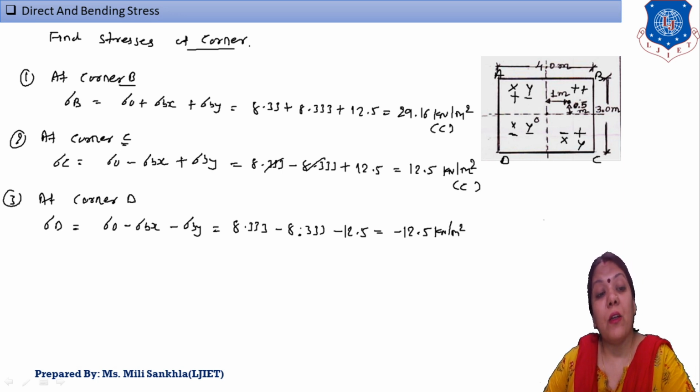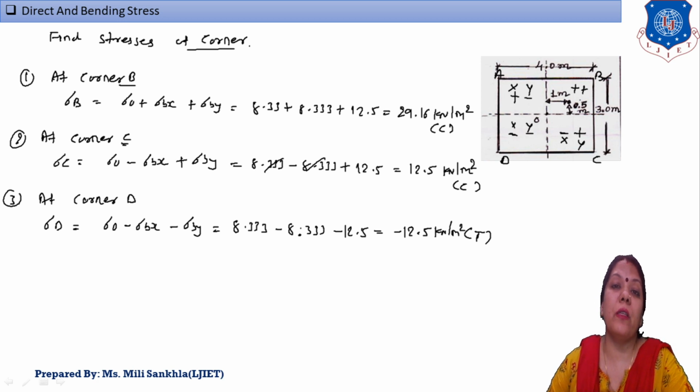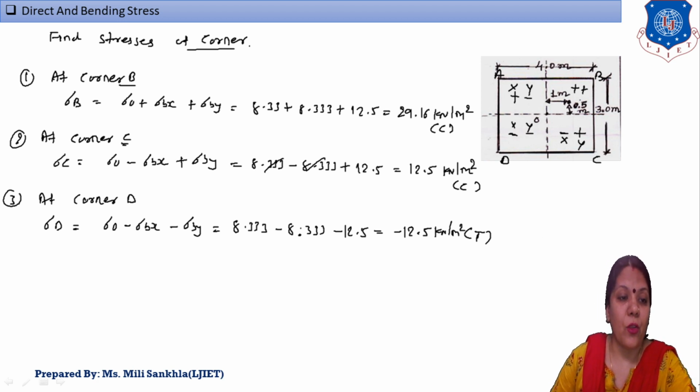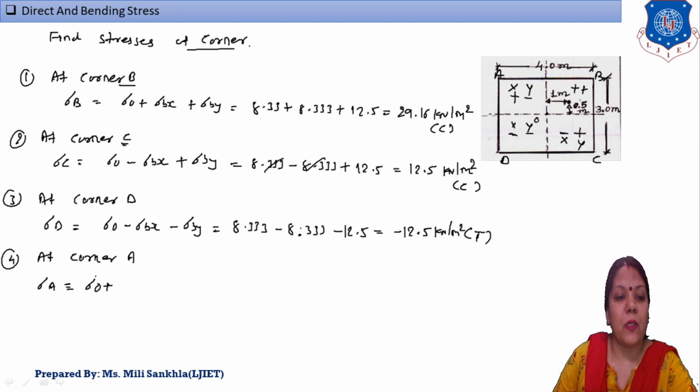Here this stress is minus, so that means this is our tensile stress and it is critical for the column section. Failure will be induced at this D corner. Now fourth one, at corner A. Direct stress is given, x is plus and y is minus, so plus sigma Bx and minus sigma By.